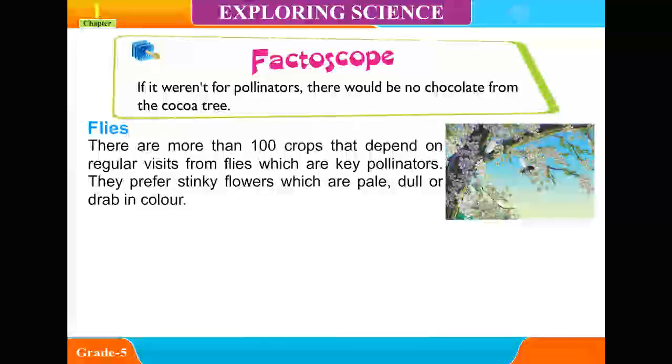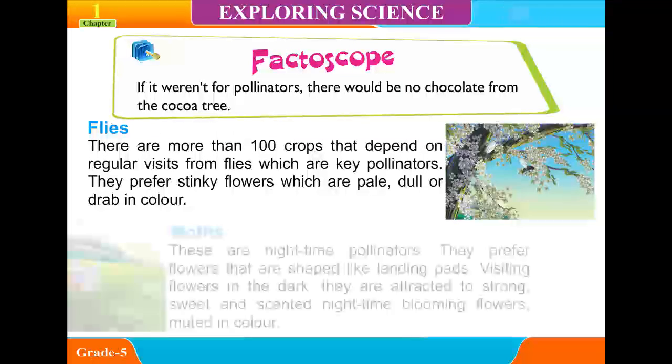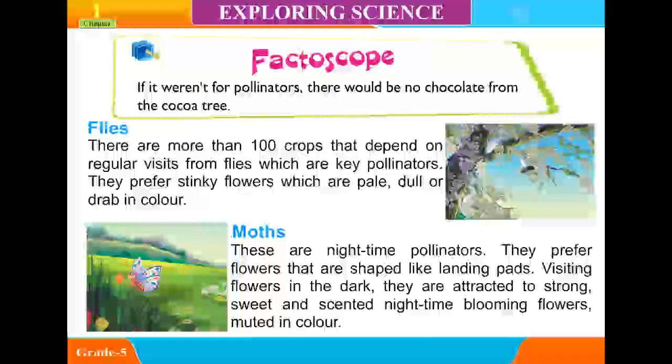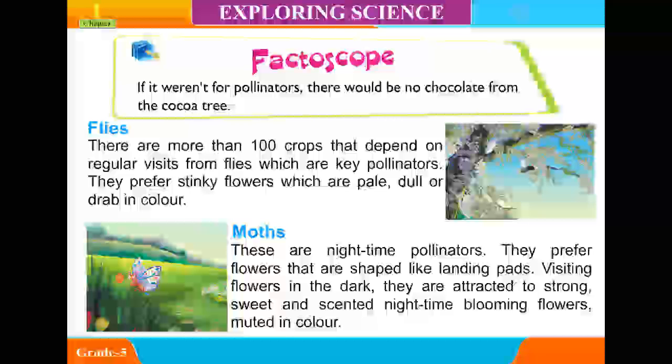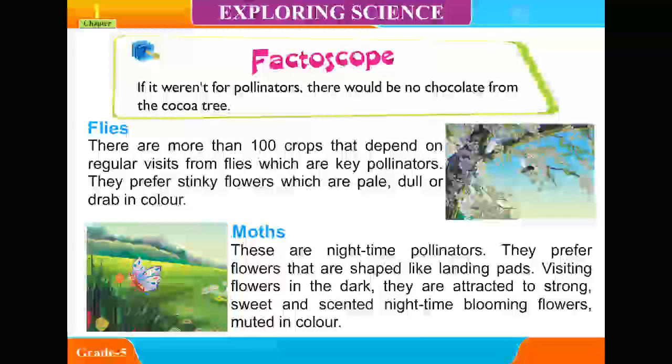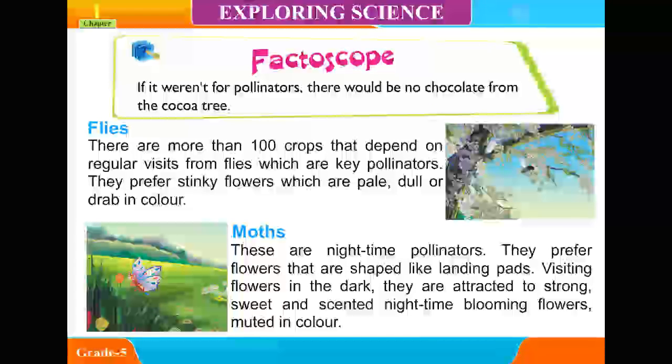Flies: there are more than 1,000 crops that depend on regular visits from flies, which are key pollinators. They prefer stinky flowers which are pale, dull, or drab in color. Moths: these are nighttime pollinators. They prefer flowers that are shaped like landing pads. Visiting flowers in the dark, they are attracted to strong, sweet, and scented nighttime blooming flowers, muted in color.